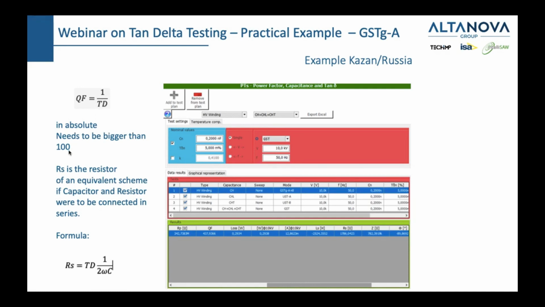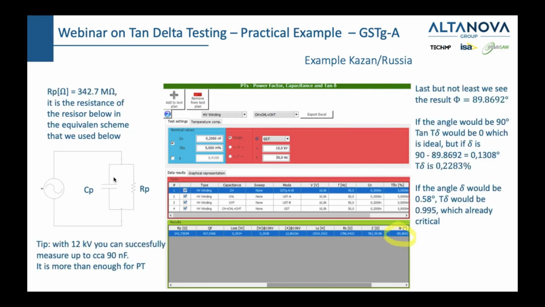If it's smaller, then the tan delta is bigger than 1%. And here we also have RS. RS can also be calculated as tan delta divided by 2 omega C, which tells us that if you have an equivalent scheme which is not the connection of capacitance and resistance in parallel, but capacitance and resistance in series, this is what the resistance connected in series would be.